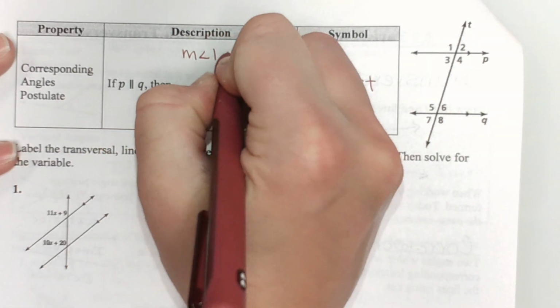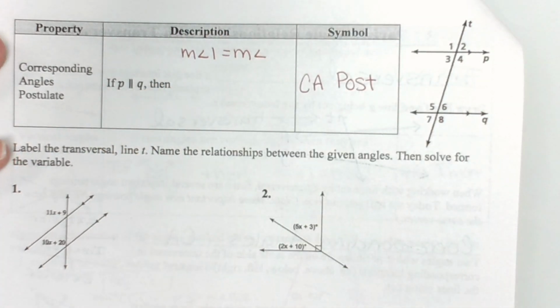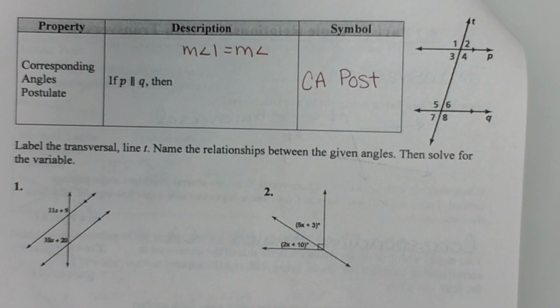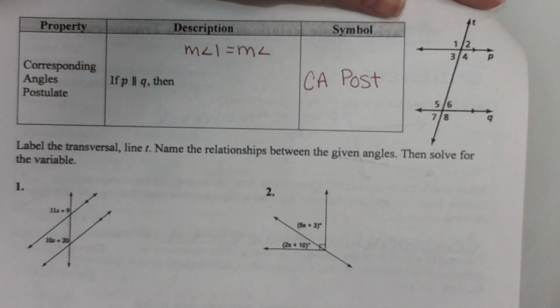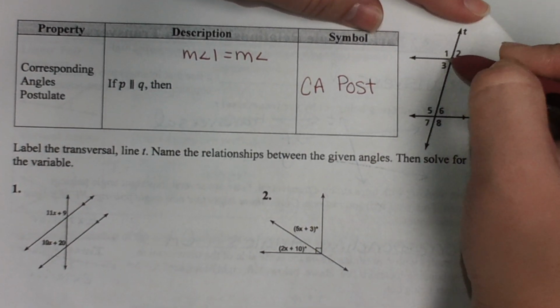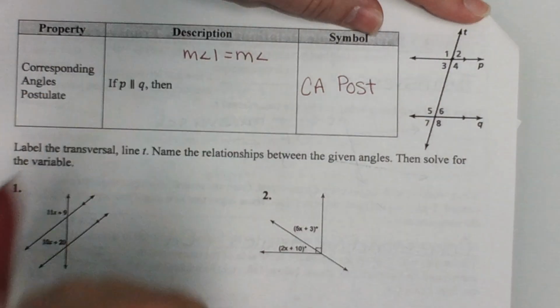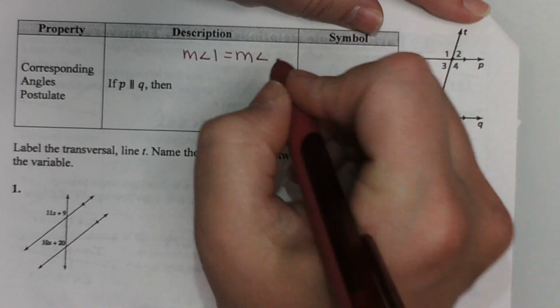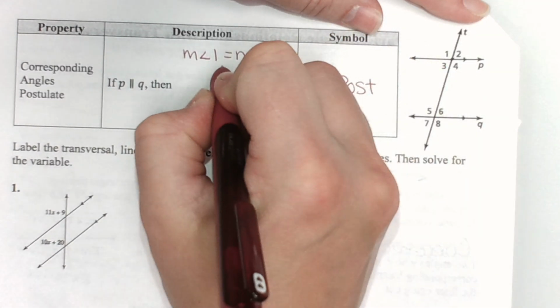They are congruent, meaning they are equal. So measure of angle 1 is equal to measure of angle, which one corresponded with 1 again? 5. Because 1 is external, and on the left side. I need internal on the left side, but not right next to it. Angle 5.